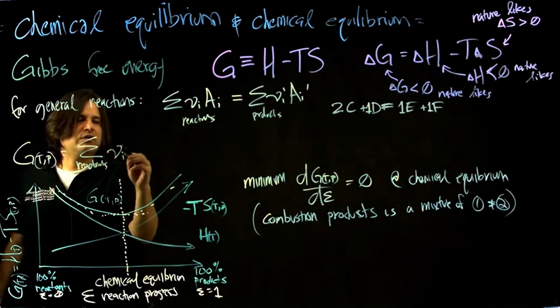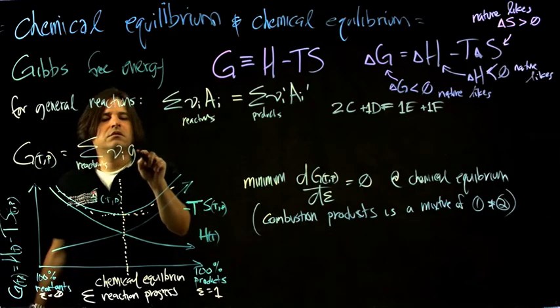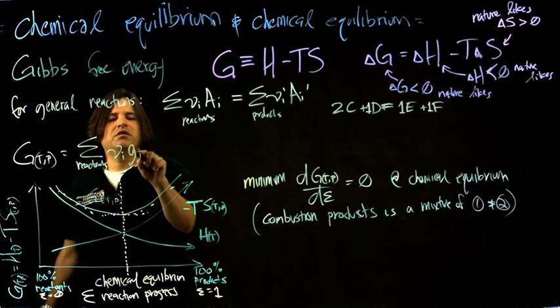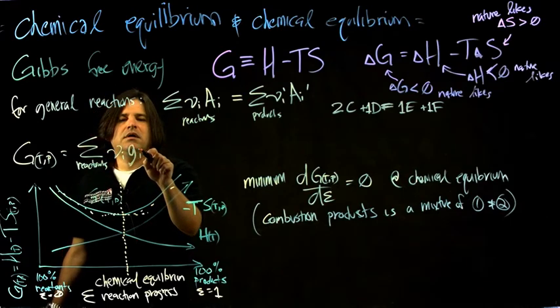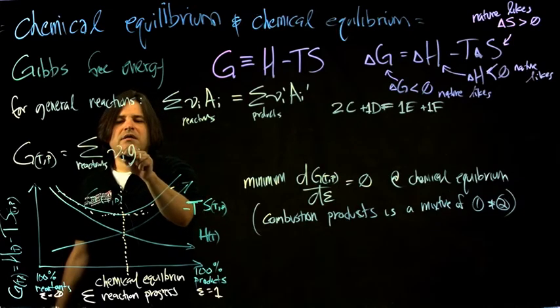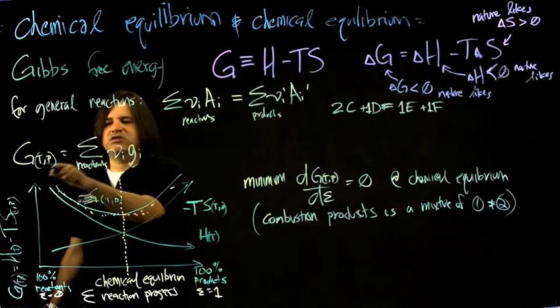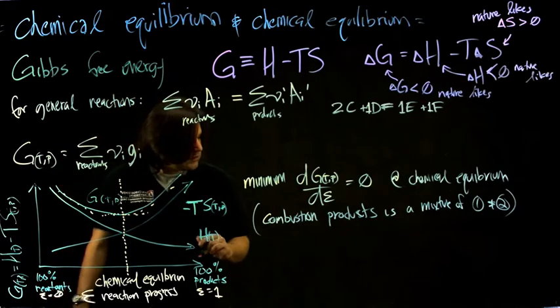You can quantify that with this coefficient. And this would be, instead of big G, Gibbs free energy per mole. Then you multiply it by the amount of moles you have to get the big G.